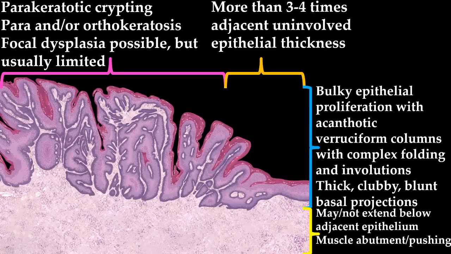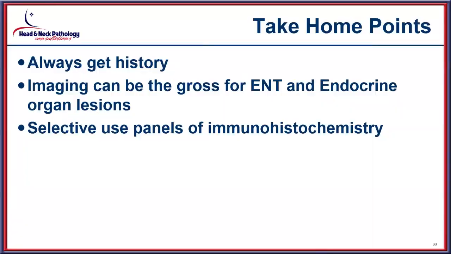And then if you think about the development of the carcinoma category, which of course I just mentioned was called verruciform carcinoma, there is parakeratotic crypting and orthokeratosis, very little in the way of pleomorphism or dysplasia, with a greatly thickened epithelium, with a bulky proliferation of verruciform columns that are quite complex and involuted, with thick, clubby, and blunt basal projections. They tend to all be at about the same level, though, and not destructively invading into the underlying parenchyma.